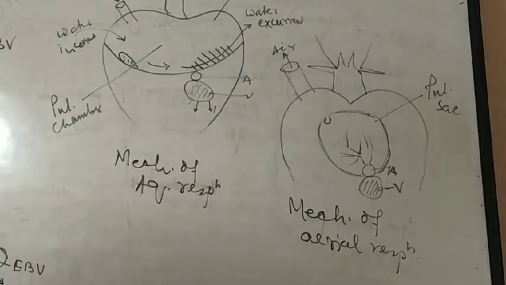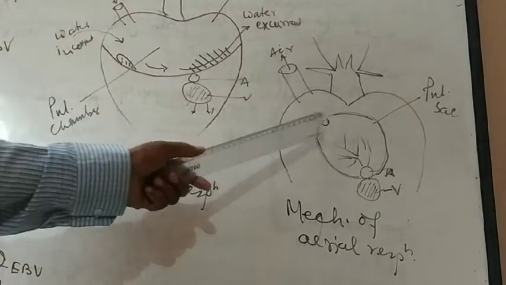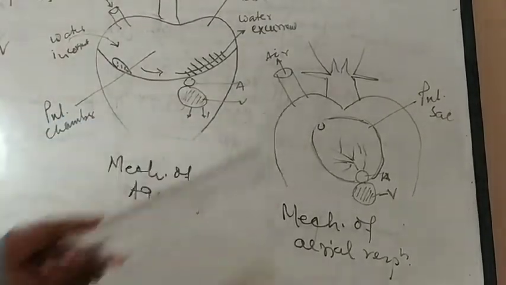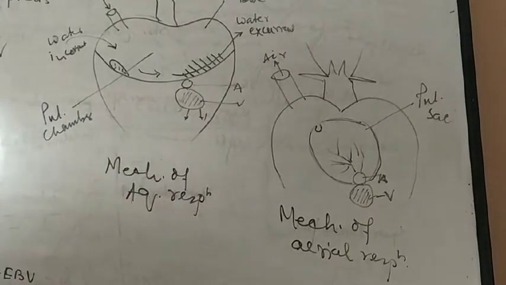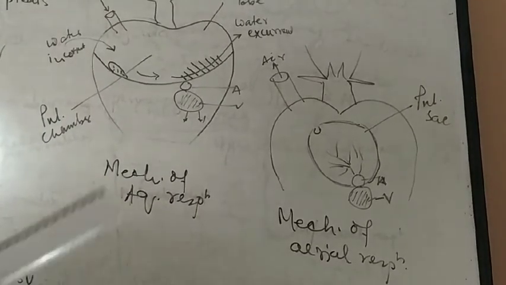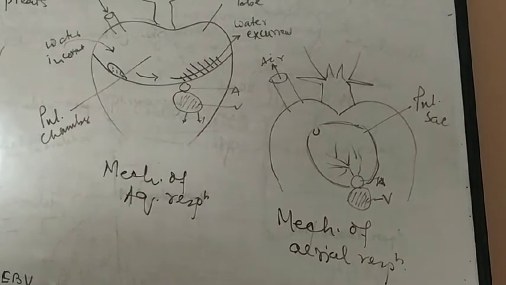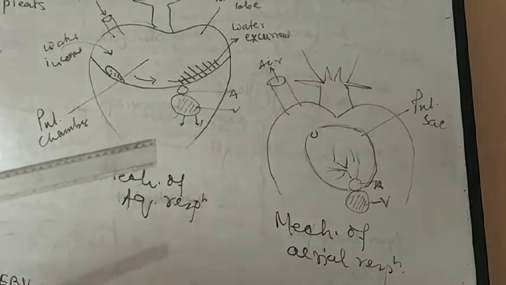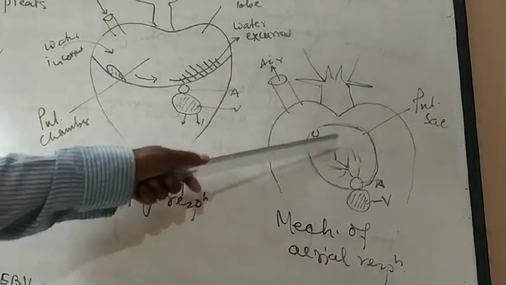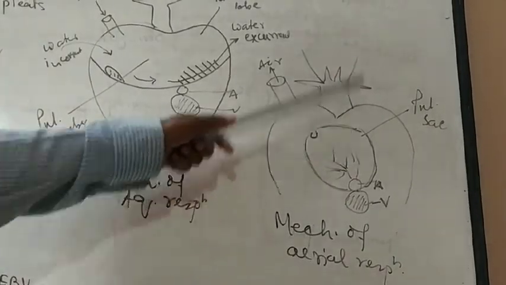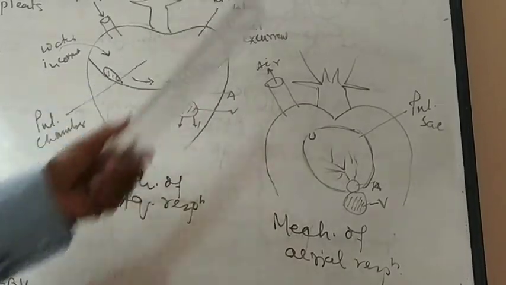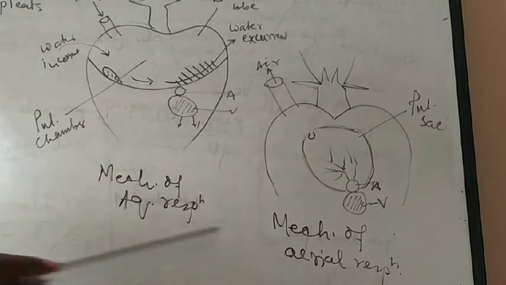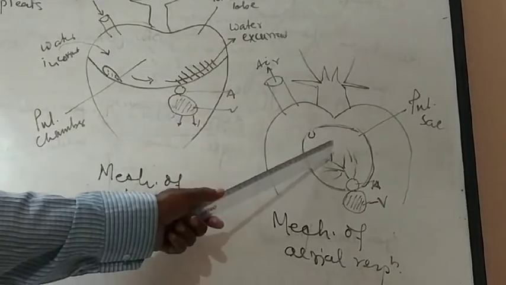So when air enters into the pulmonary chamber, with the help of the blood vessels, exchange of gases, I mean taking of oxygen and exhaling of CO2, takes place. After respiration, CO2 is expelled out from the pulmonary sac through the nuchal lobe. Understand? So this is aerial respiration.